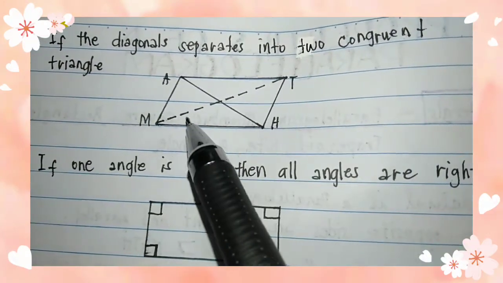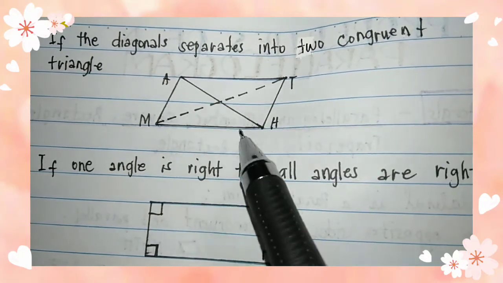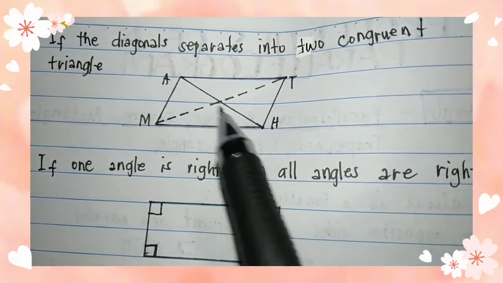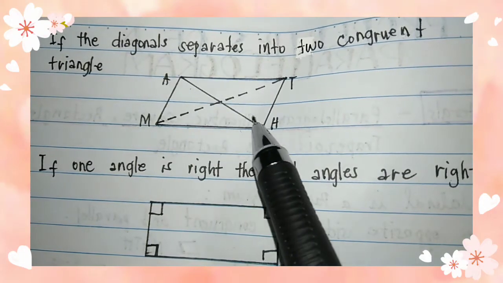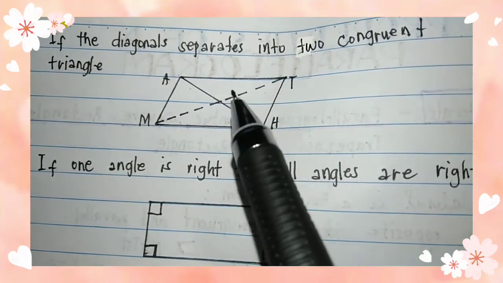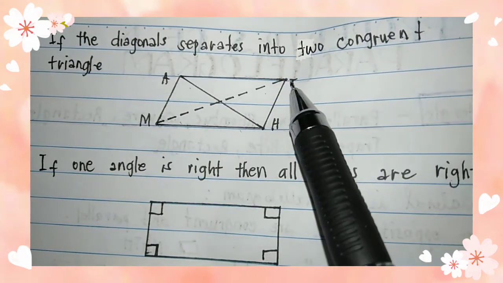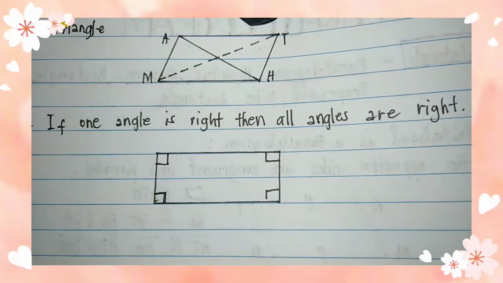Ayan. Kagaya nga nung sinabi ko kanina, diagonal, and then nakapag-create siya ng dalawang congruent triangles. And ito naman, diagonal, and nakapag-create siya ng dalawang congruent triangles. So, we have diagonal MT and diagonal AH. Okay?